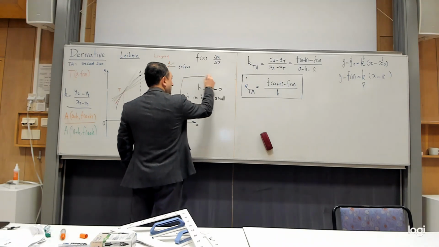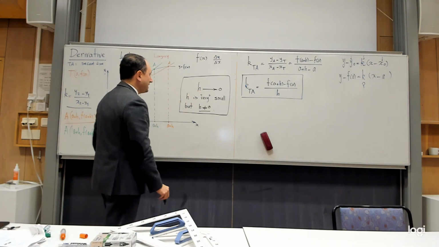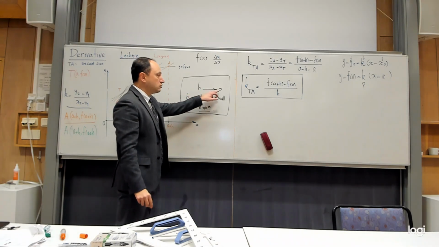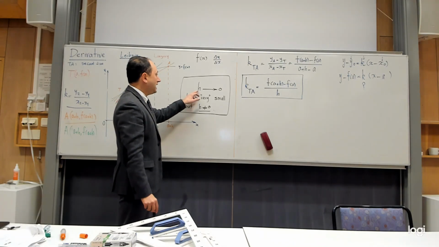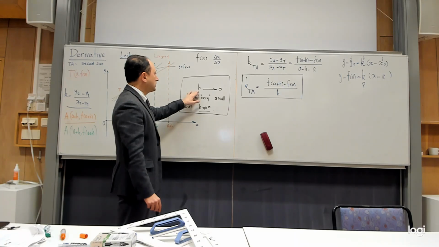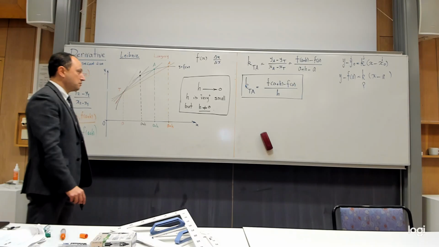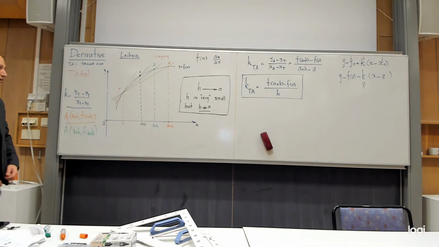This is what we mean by this symbol. How do we read it? We say that h tends to 0, or we can say h approaches 0, or we can say h becomes close to 0. Yes? But approaches is probably the best word.